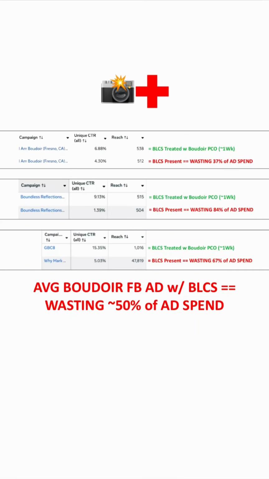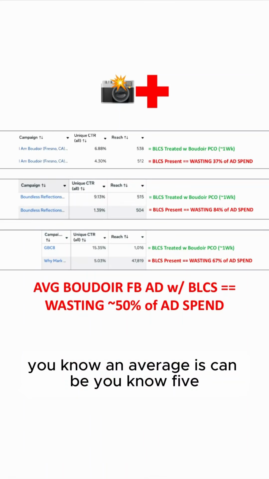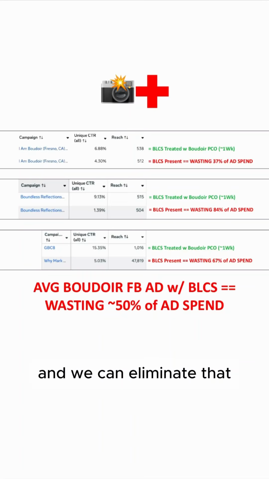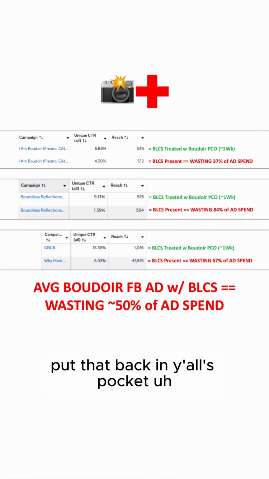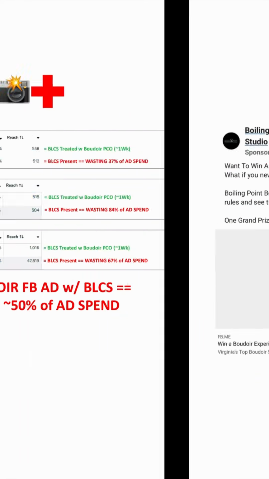So if they're spending 10 grand a month on Boudoir Facebook ads, on average, five out of the 10K is being wasted every single month, and we can eliminate that, put that back in y'all's pocket, approximately 60K over the next year.